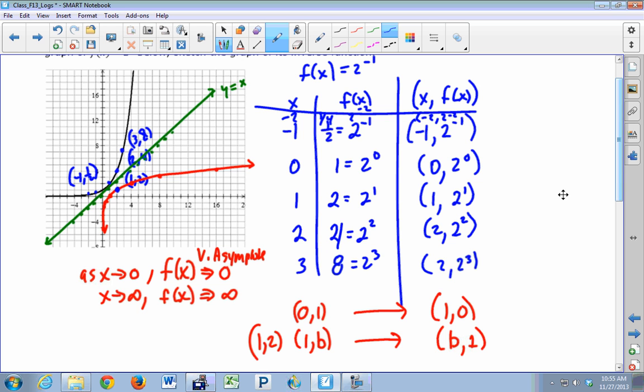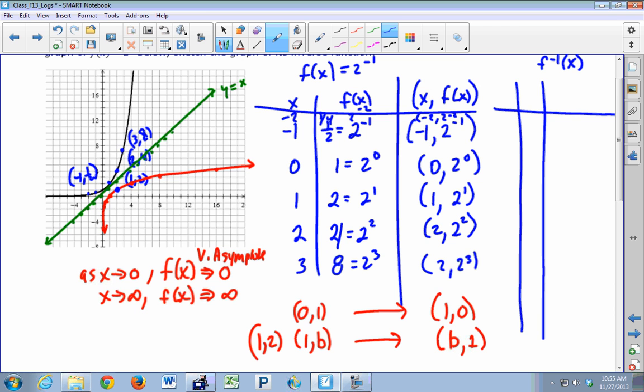It's your original base. So let's write our inverse function over here. Even though we don't know the name of it yet, we can still play the same game. If we take our output for our exponential function, like 2, and we put it into our inverse function, what do we have to come back to? Our original point was (1, 2), right?